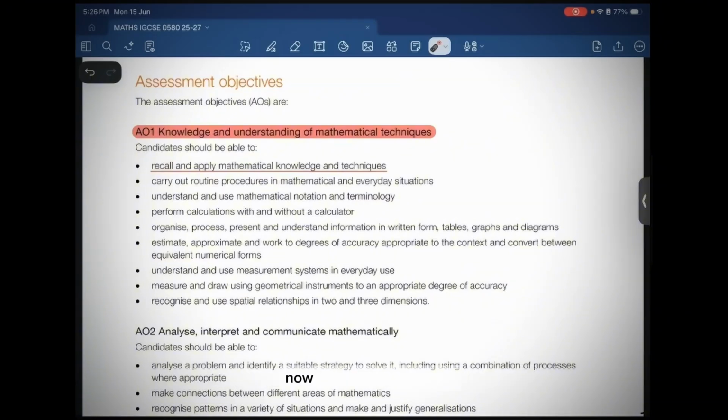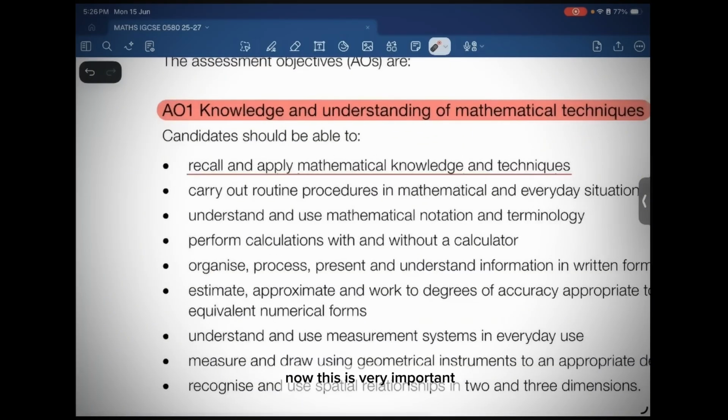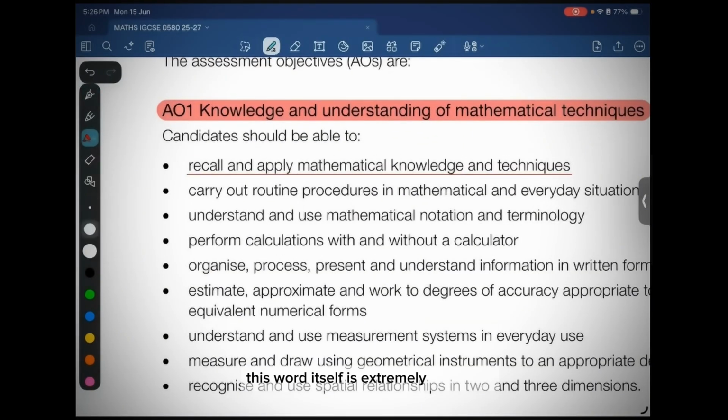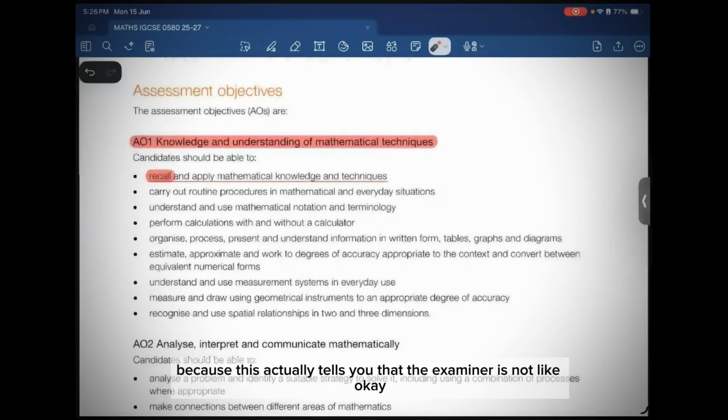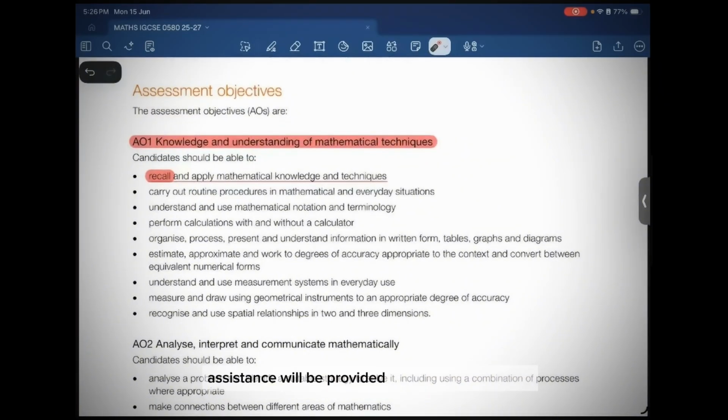So this is just recall and apply. Recall in the sense, now, this is very important. This word itself is extremely important because this actually tells you that the examiner is not saying that assistance will be provided to you in the question, that you will have to read off which technique you have to apply, or that the formula you have to apply will be given to you. No, they're saying recall.